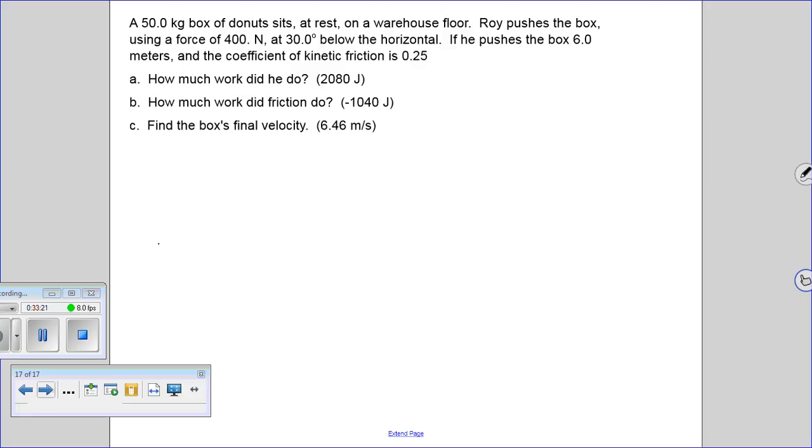So here's the box of donuts, 50 kilograms. It's sitting at rest, so our v0 is 0. Roy pushes the box using a force of 400 newtons at 30 degrees below the horizontal. So here's the force of Roy, 30 degrees, 400 newtons, right?